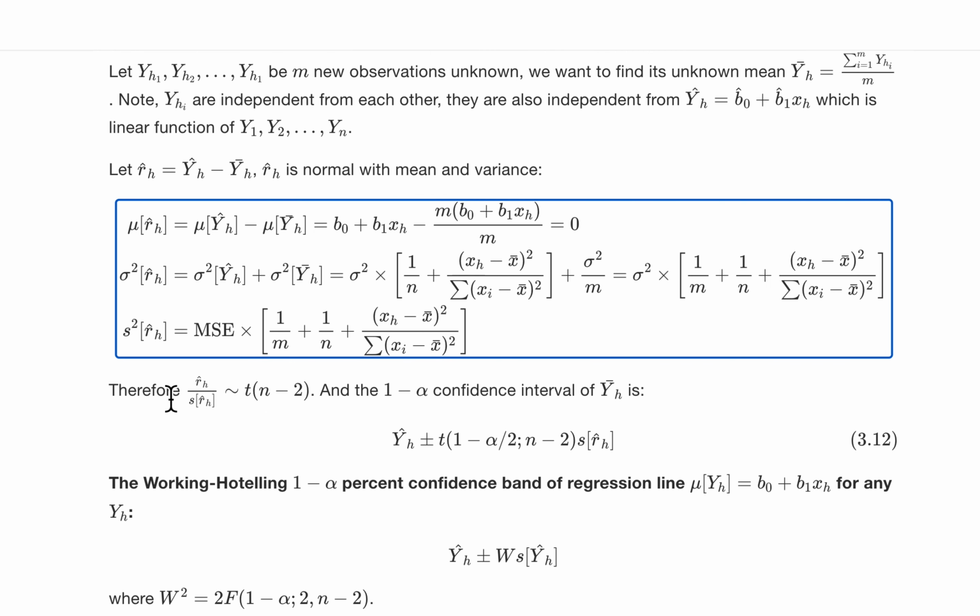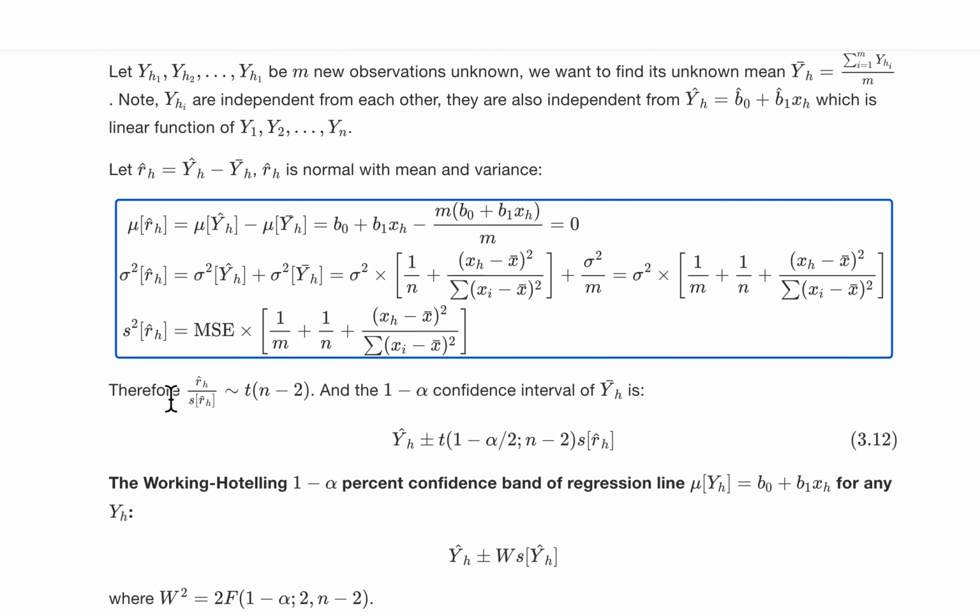Let's find the expected value of MSR. So MSR is actually the expected value of b1 hat squared times the sum of xi minus x bar squared. But the expected value of b1 hat squared is actually the variance plus the mean squared, right?